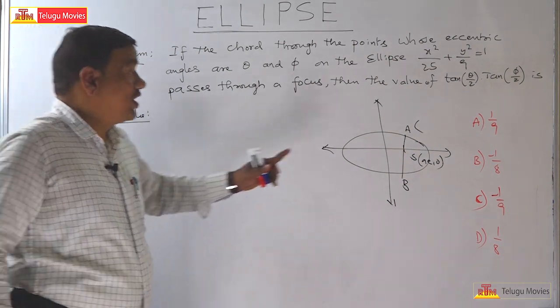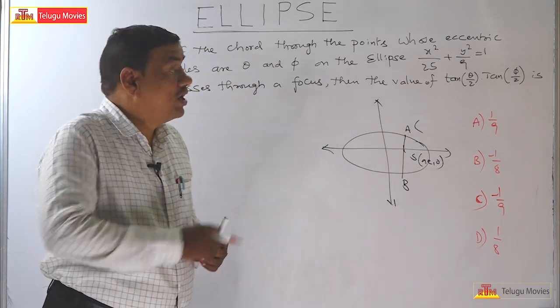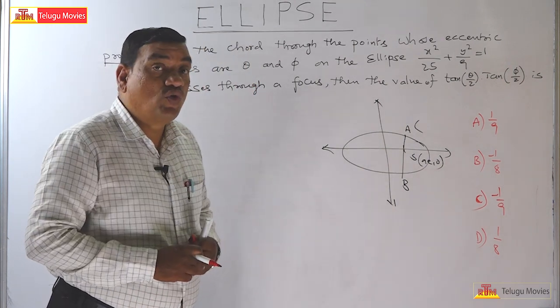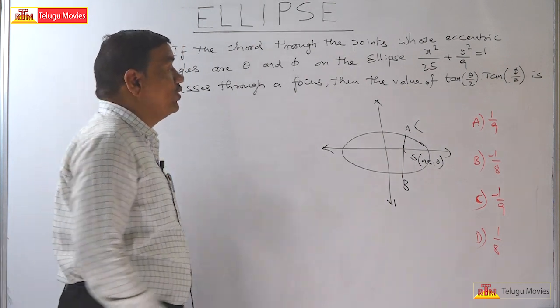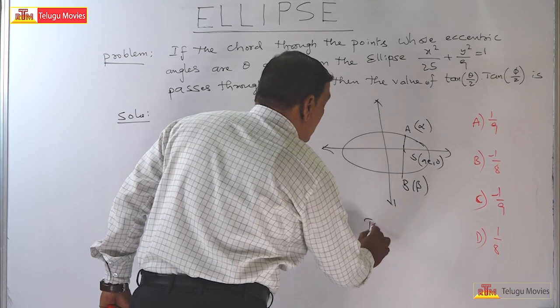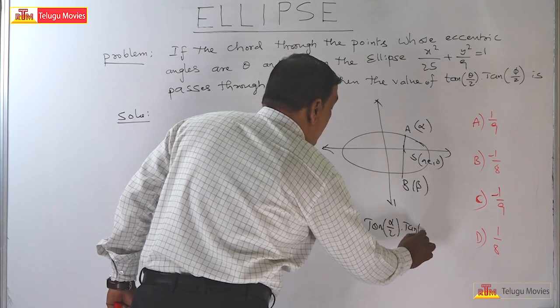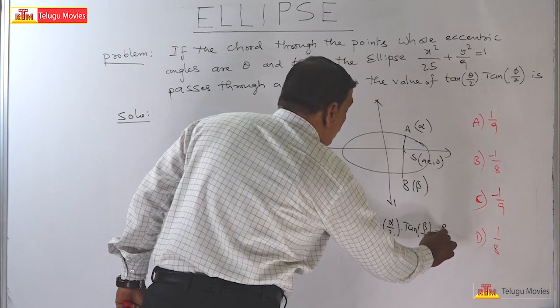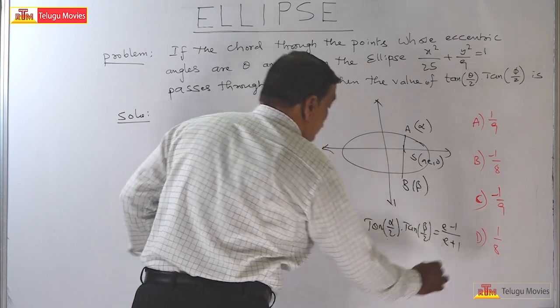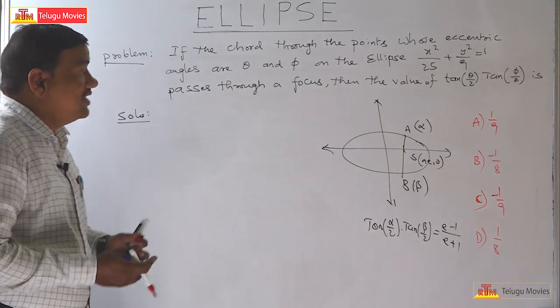Now, one focus is AE comma 0, another focus is minus AE comma 0. If the chord passes through the focus AE comma 0, with eccentric angles alpha and beta, we have the result tan alpha by 2 into tan beta by 2 is equal to E minus 1 by E plus 1. That is the thing we have.